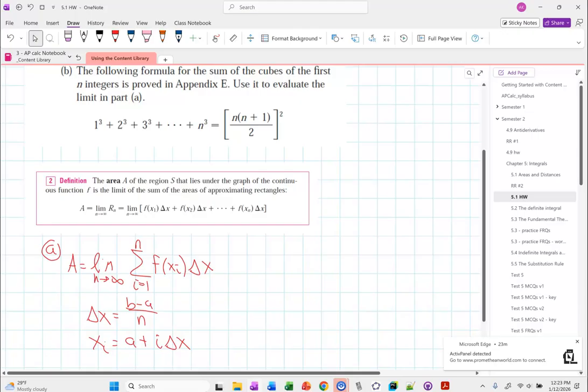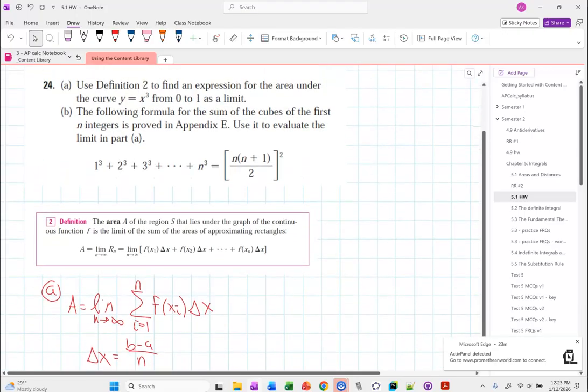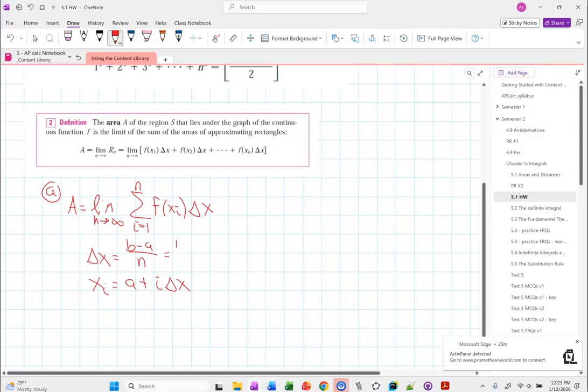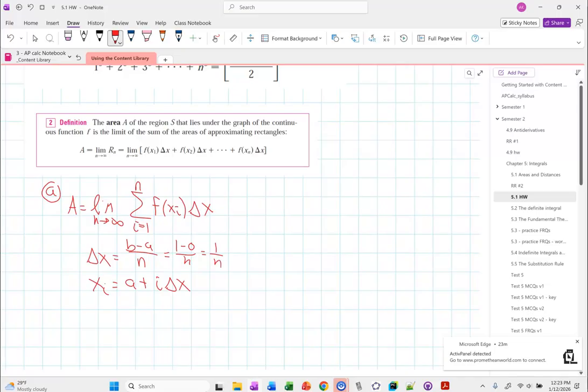So in this problem, we're going from 0 to 1. So my b is 1 and my a is 0. And since my a is 0 and my delta x is 1 over n, i over n is my xi.